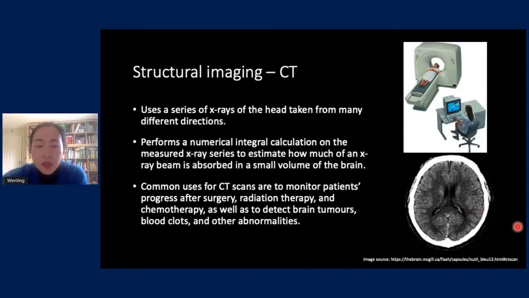Thanks to the computer, the CT scanner provides doctors with a 3D view of both bone and soft tissue simultaneously. The doctors can then move forward and backwards through the views as they like to perform a detailed examination. The common uses for CT scans are to monitor the patient's progress after surgery, radiation therapy, and chemotherapy, as well as to detect brain tumors, blood clots used in stroke, hemorrhage detection, and other abnormalities.